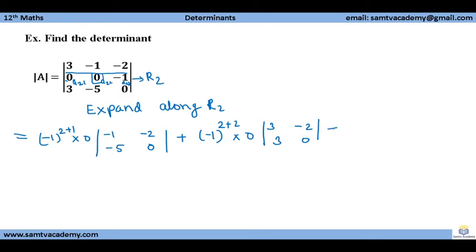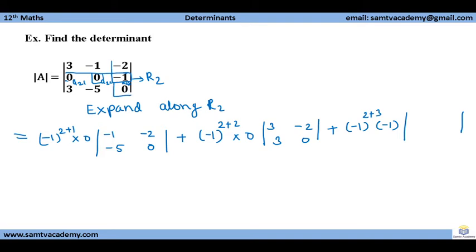Next, another element is minus 1. What is the location? 2 plus 3. What is the value? It is minus 1. We have to leave this row and this column.